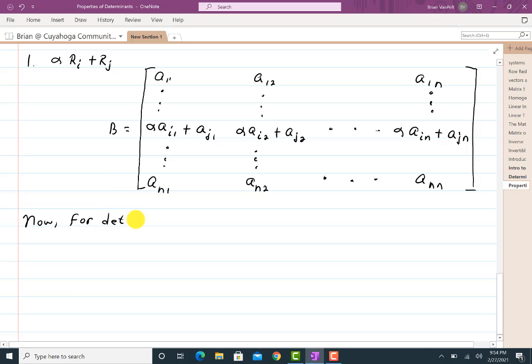Now, for determinant B, expand along a row not affected by this row replacement.